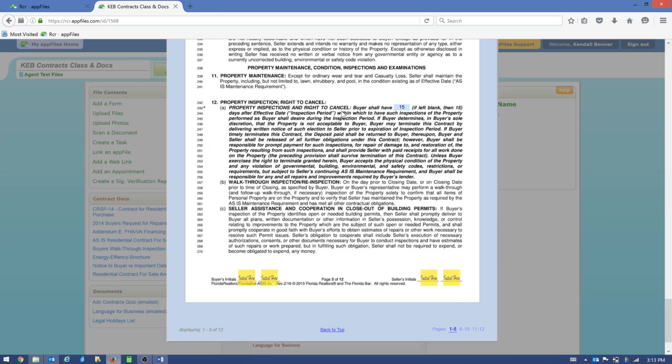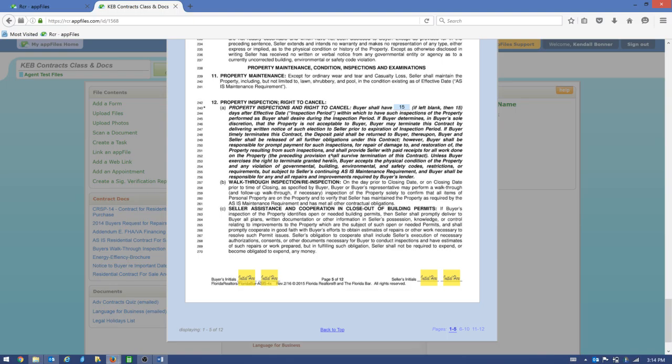If the buyer timely terminates this contract, the deposit shall be returned to the buyer. Thereupon the buyer and the seller shall be released of all further obligations on the contract. However, the buyer shall be responsible for prompt payment for such inspections, for repair of damage to and restoration of the property resulting from such inspections, and shall provide seller with paid receipts for all work done on the property.